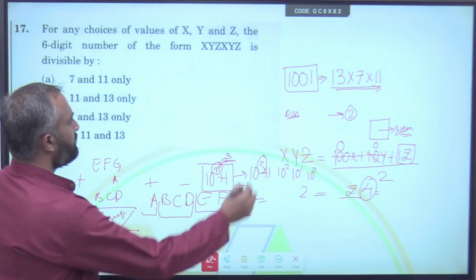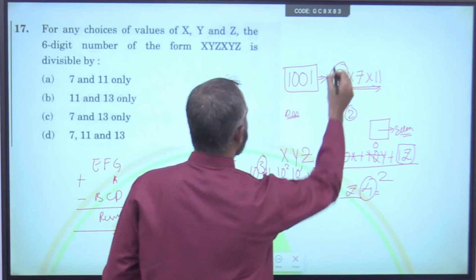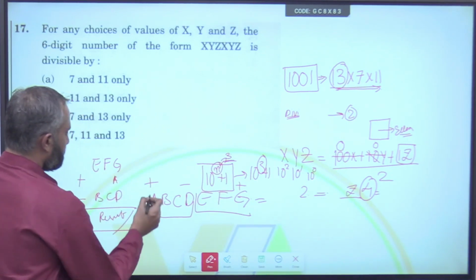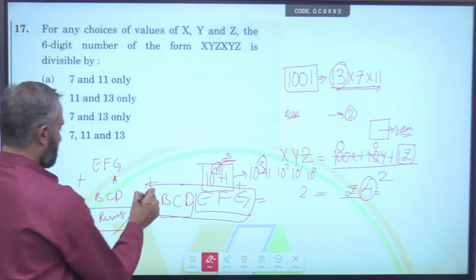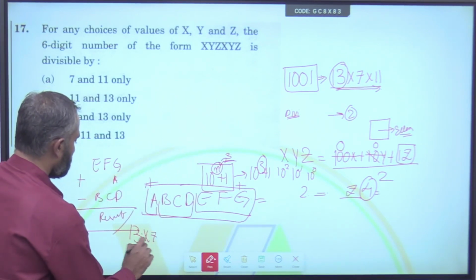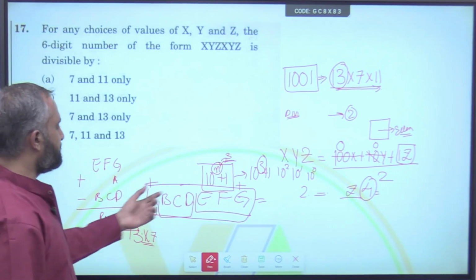For example, take 13. If this result is divisible by 13, then this whole number is divisible by 13. Same case for 11 and same case for 7 too. Okay, this is the 10 to the power of n plus 1 rule.